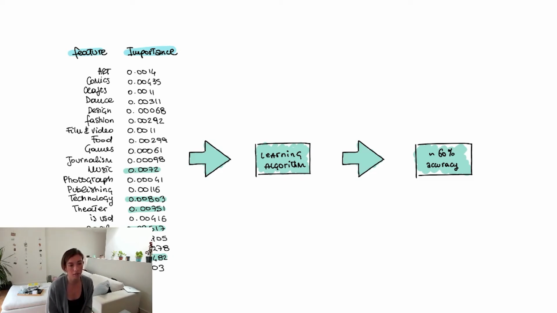A nice thing about random forest, and one of the reasons why I used it, is that it provides a normalized score for each feature importance. So you can see highlighted in green which features had more predictive power. The features related to music, technology, and theater in terms of categories.